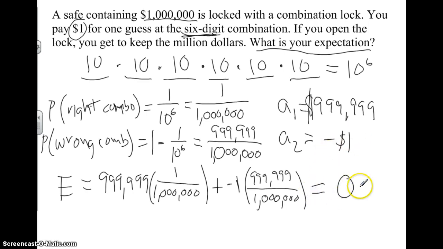Okay, so your expectation is 0, so that means that there's a wash. This will rarely happen, but it is possible that your expectation could be $0. Good luck on your work.